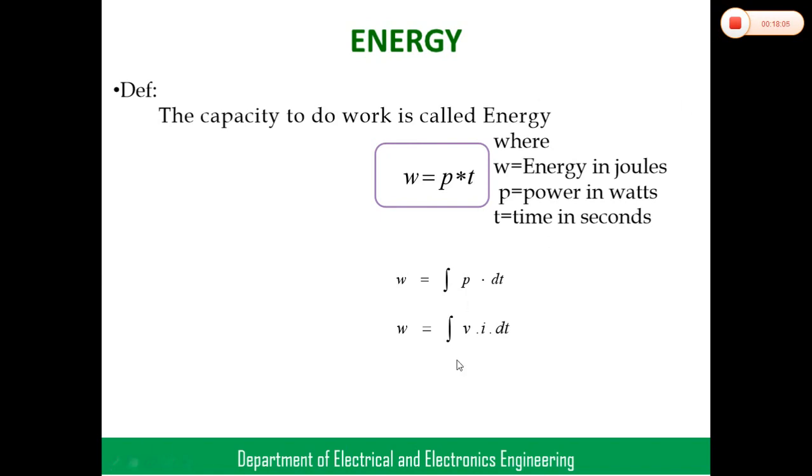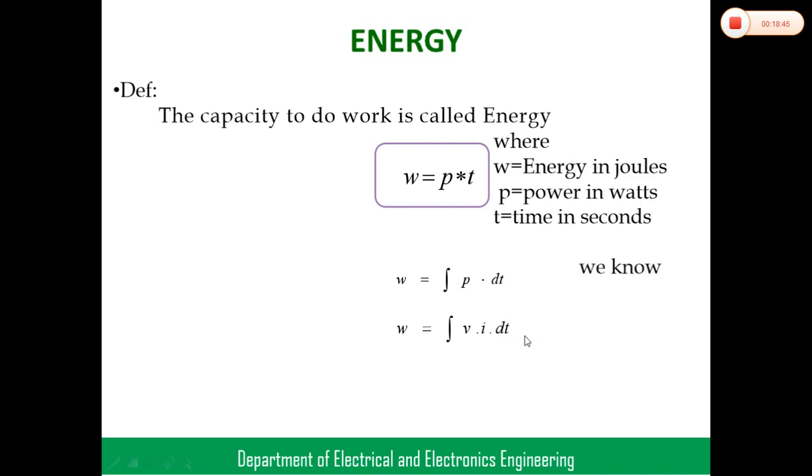That is why I mentioned integration. Since P equal to V into I, the energy is equal to the integration of V into I into dt.